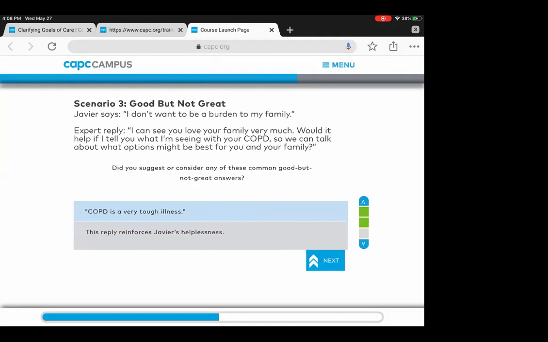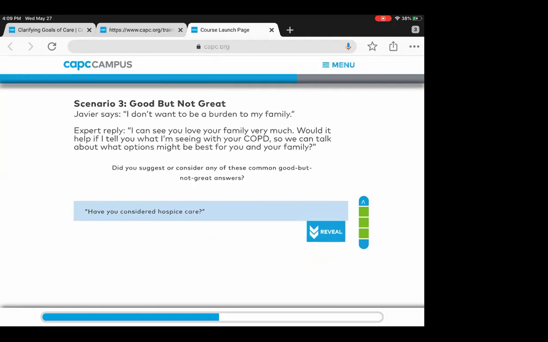Again, that doesn't really move things forward, and it also reinforces that the patient probably is a burden. Even though it is a pretty vague statement and may not seem like it's doing any harm, it might make the patient feel more helpless.